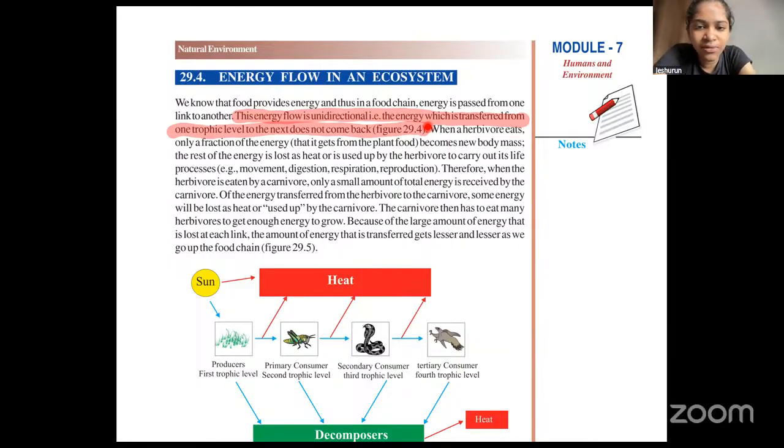Of the energy transferred from the herbivore to the carnivore, some energy will be lost as heat or used up by the carnivore. The carnivore then has to eat many herbivores to get enough energy to grow. Because of the large amount of energy that is lost at each link, the amount of energy that is transferred gets lesser and lesser as we go up the food chain.